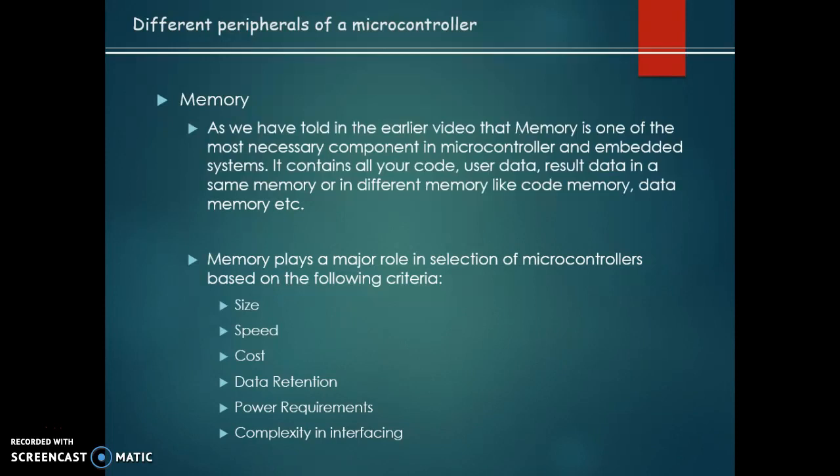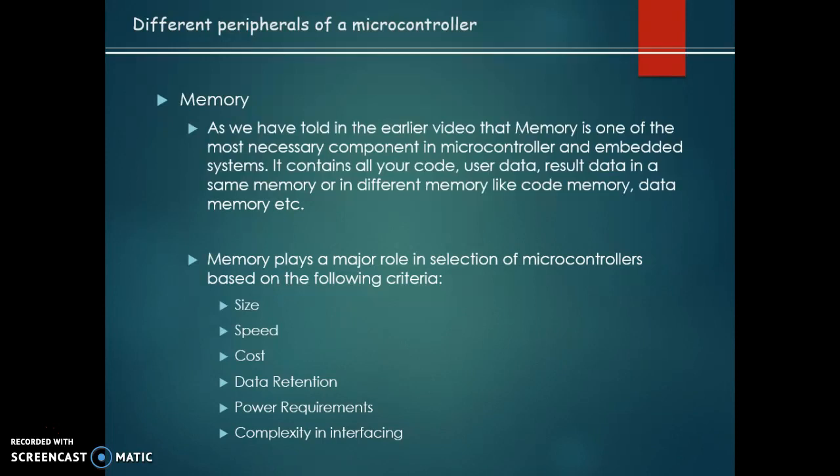Now, we all know that the microcontroller has lots of peripherals in the same chip. One of the most important peripherals is memory. In this memory, we store our code and our data. So the first thing that comes to mind is the size of the memory.